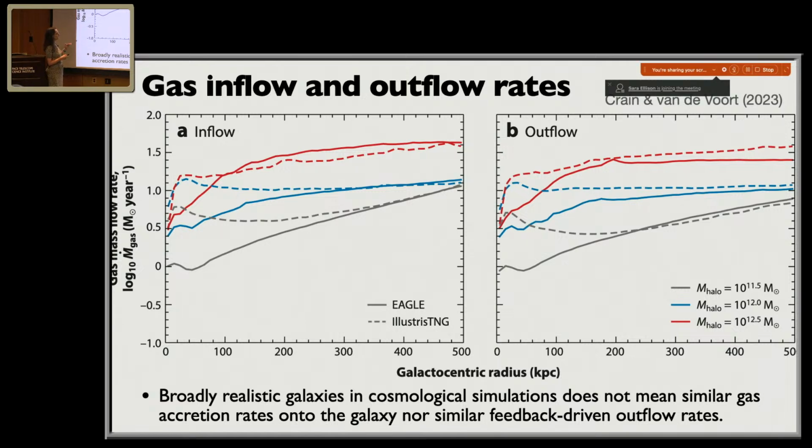You can see in dashed is Illustris TNG, in solid is Eagle, and I think you'll all agree that in the central 200 kiloparsec or so, the inflow and outflow rates are much higher in Illustris TNG than they are in Eagle, so they are creating galaxies in a very different way. Probably the net growth is actually very similar, otherwise you wouldn't end up with galaxies that are the correct mass, etc. But how they do it is hugely different.